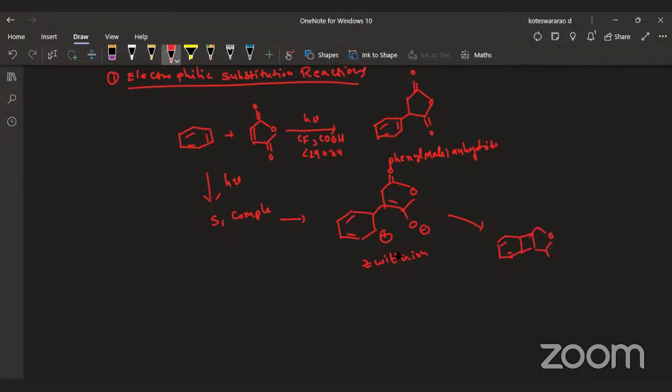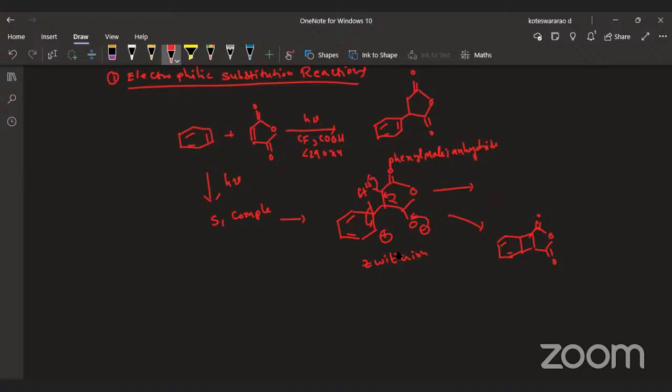We already saw this in the previous case, but it may undergo proton elimination. The proton elimination is taking place from here. That is the rearomatization, right? That leads to the formation of this product. The rearrangement is taking place here also.